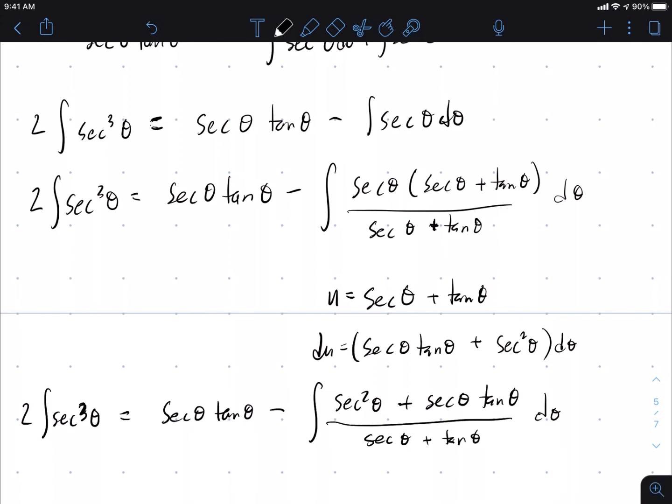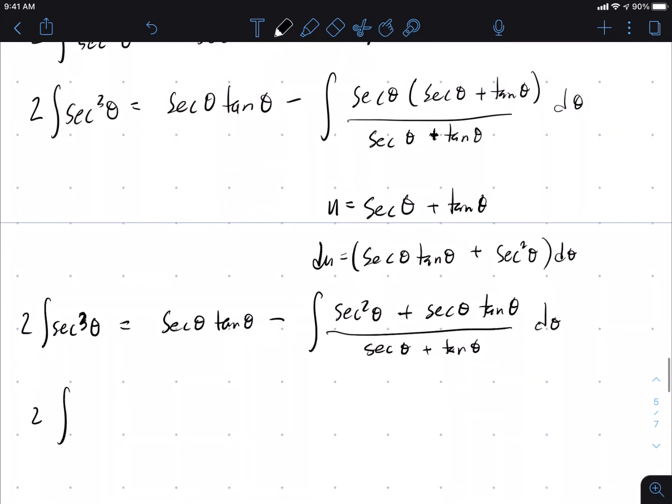Here's the d theta, and we can see that this is going to be secant cubed theta is equal to secant theta tan theta minus, now the integral when I do the u is going to be 1 over u du.